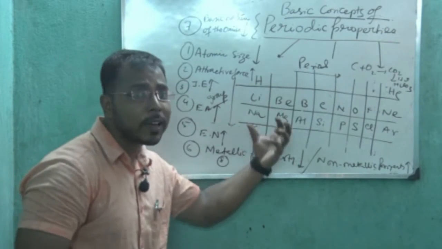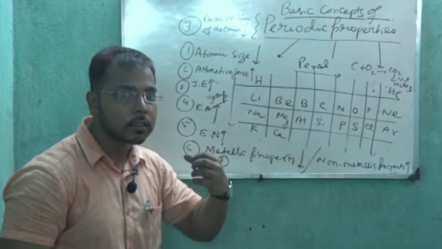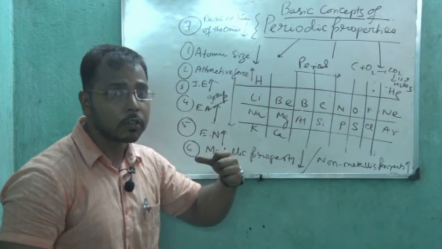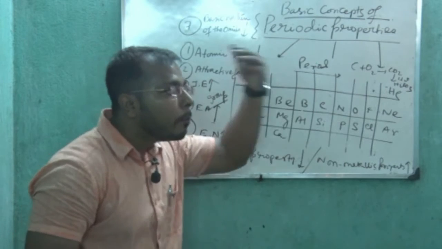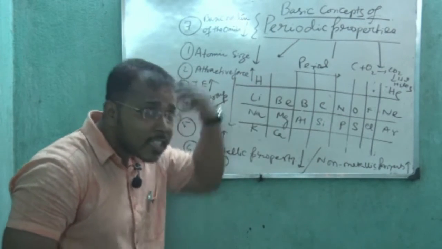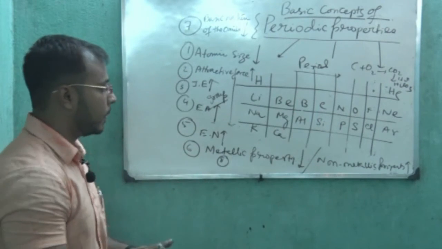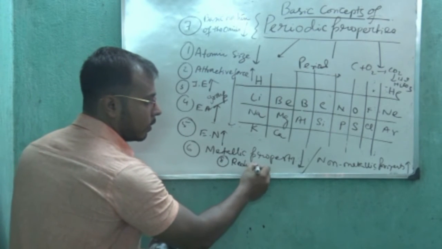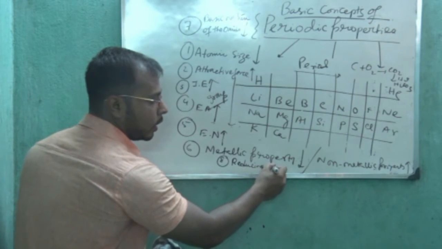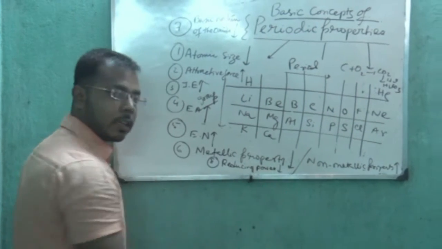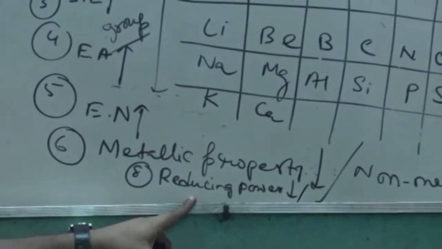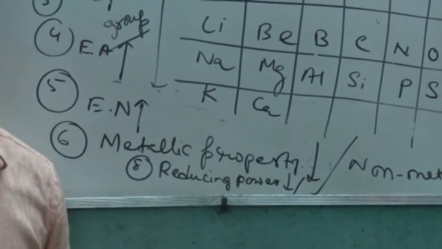That means the element itself is getting reduced, so its oxidizing power increases. That is why we can write here that reducing property or reducing power decreases, and oxidizing power increases.